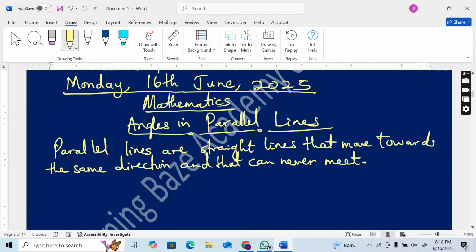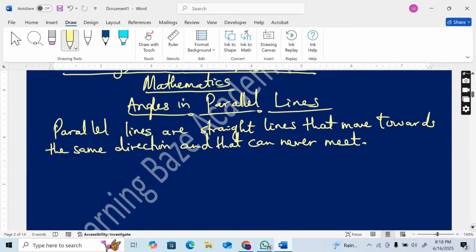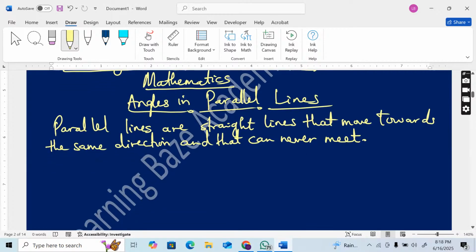Examples of parallel lines are the lines in your exercise books. The horizontal lines in your exercise books are parallel lines, right? Most times they show two arrows telling us where they are going.